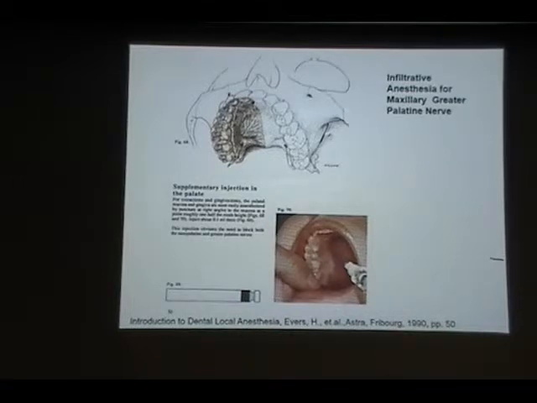There's an easier way to do that, but I doubt they will let you do it here because they've probably never done it in their office. And that is to anesthetize all of these teeth with a single injection site. We can do that by going in here into the greater palatine foramen.